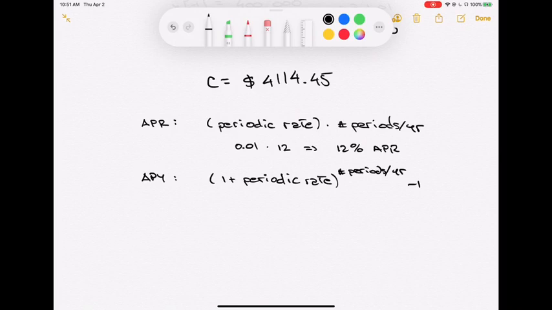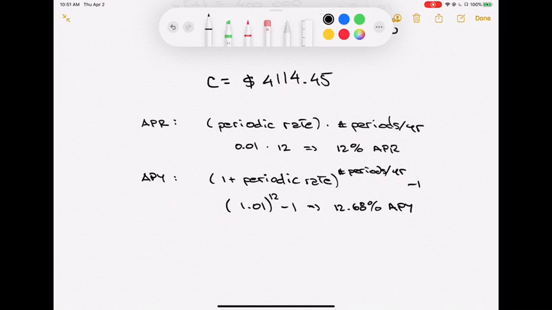So going back to the example we just had, if I had a rate of 1%, I add 1 to that, that's a 1.01. The 1 part of that is the principal, the 0.01 is the periodic rate per month. We're going to raise that to the 12th power, and if you carry that out, you would get 1.1268. We'd already made that calculation. Subtract 1 from that, and what we get is a 12.68% APY.